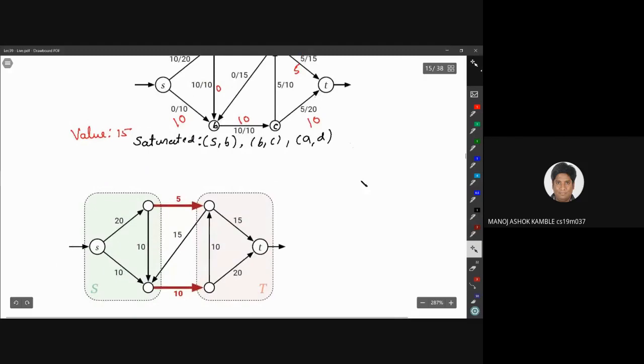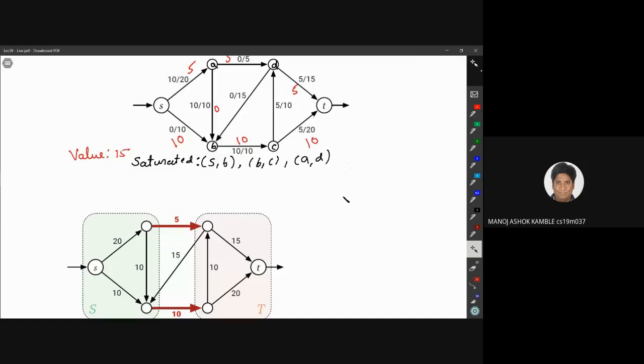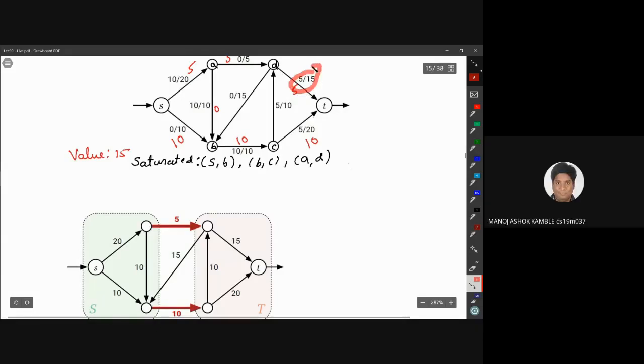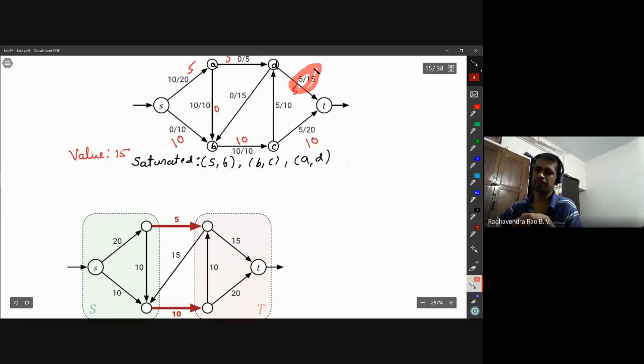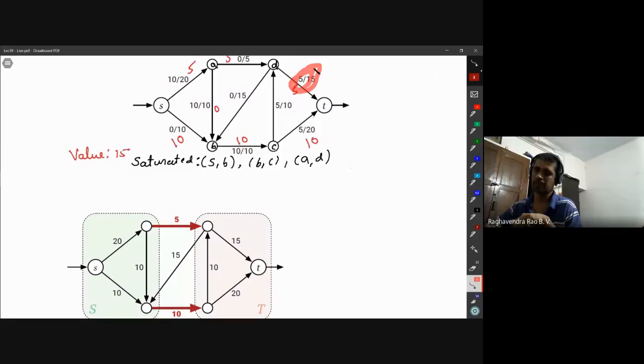What if I delete the flow which is having value 15 approaching T? What do you mean by delete the flow? The 15 incoming flow for T. Okay, so this one. If I delete that value, still you'll be able to send 15?